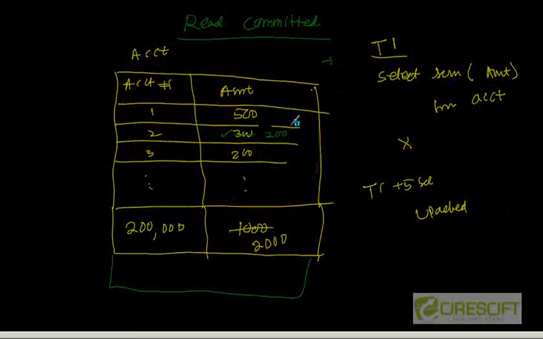There's no guarantee that I'm going to get the same result if I run the same query at two different points of time. Similarly, if somebody has inserted something, then if I run this query at different times, I'm going to get a result that is also inconsistent, not the same as I ran before.